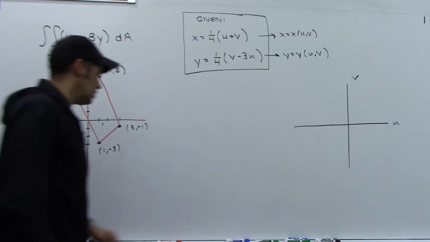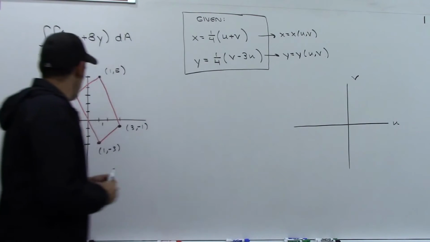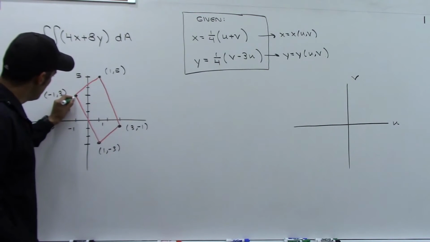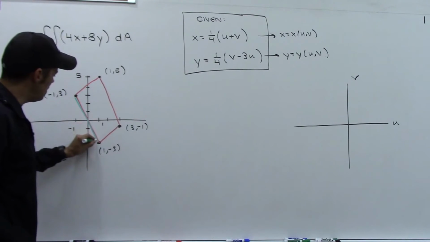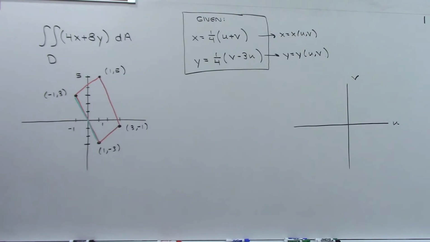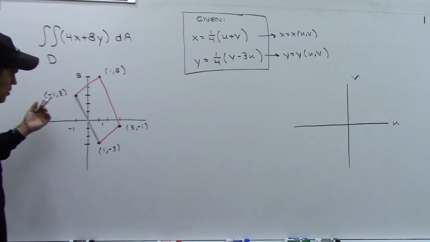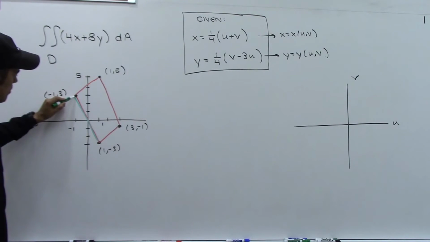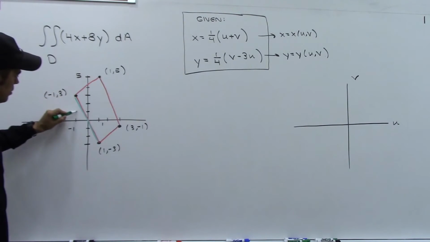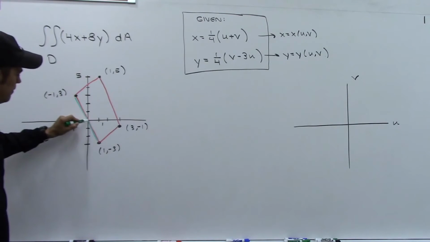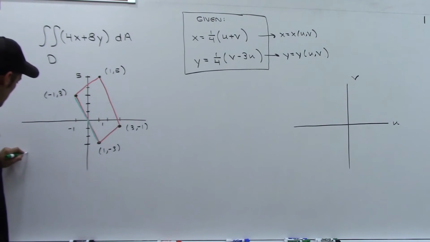So my first line segment that I'm going to work with is this one right here. So what I'm going to do is I'm going to try and find the equation of that line segment. So notice that this is a line, right? And so I can find the equation of a line various ways. Notice that my slope, I come down 1, 2, 3, and over 1. So I have a slope. I can say that that line has the equation y equals negative 3x.